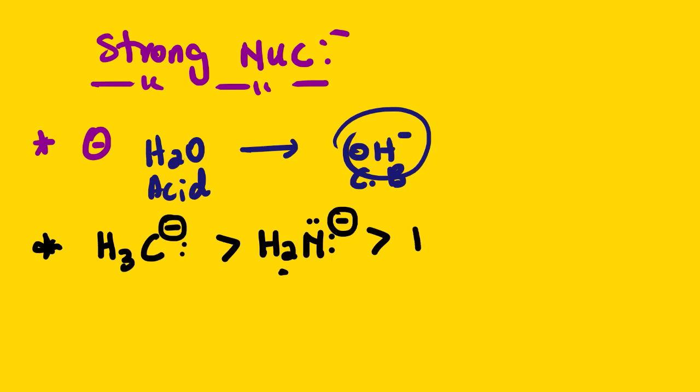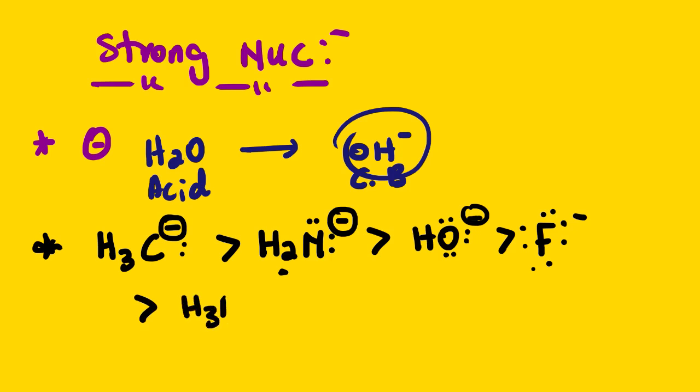And we can further say, we can continue. We put the fluoride ion, which is also stable compared to H3N, and then we have H2O, then we have HF. If you look at the electronegativity, you will see that the trend is like this.